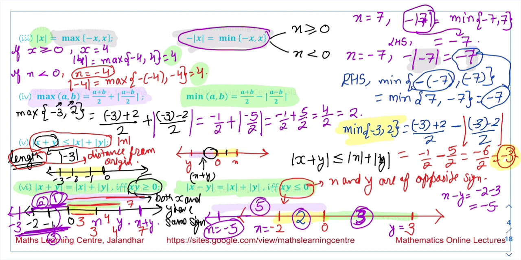So what we are saying here is that 2 plus 3 is equal to 5. So if x into y is less than or equal to 0, that is, x and y are of opposite signs, then we have mod of x minus y is equal to mod of x plus mod of y.